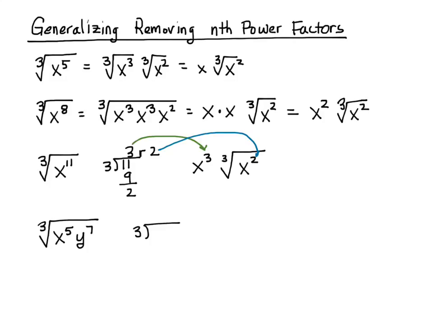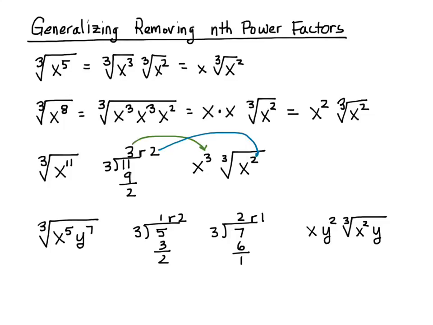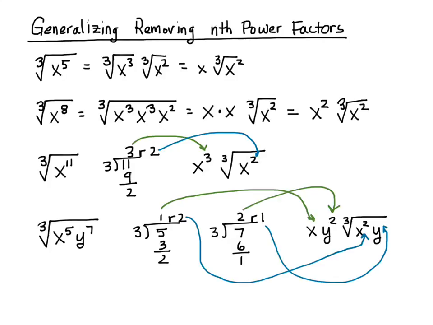So when we have more than one variable, we just treat both variables with the same kind of thing, where we decide, oh, we have 1 x, so that's just x to the first times y squared, and we end up with those on the outside. Then what's on the inside is from the remainder, and that's a 2 and a 1. Okay, so hopefully this will be a nice systematic way to do it, where you don't always have to guess how many groups of those factors you take out, you can just calculate it now.